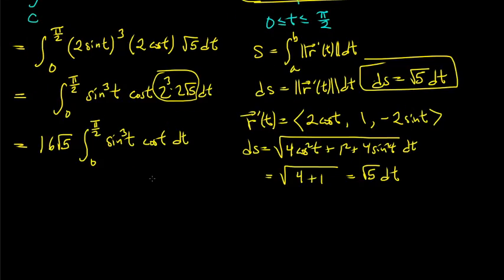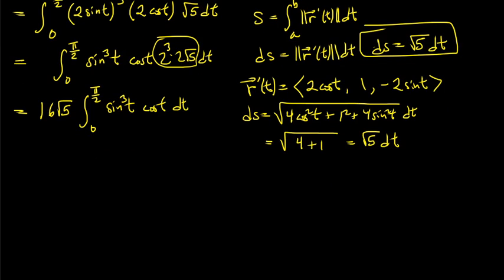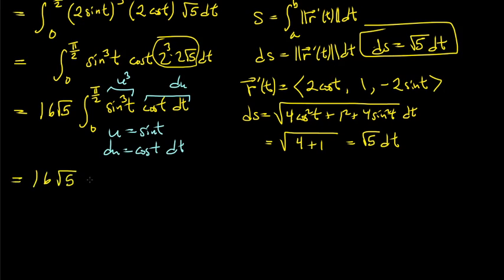Okay, so this is nothing fancy here. This is just a usual substitution. u will be sine, and the derivative of sine is cosine, so this is my du. And this will just be u to the third, u cubed. So we have 16 square root of 5 times the integral of u cubed du.